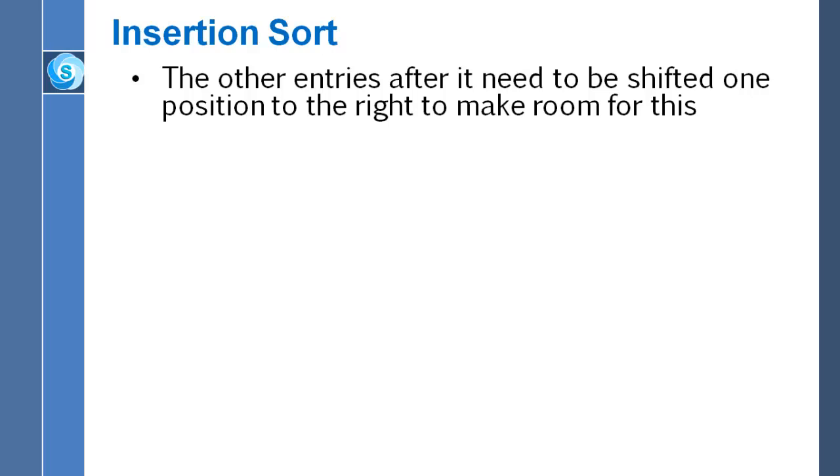And if we just copy the number from position I into the position that we've determined it belongs, if we're careless about this, we're going to lose that number. We're going to overwrite it, and we'll lose that data. So we have to instead be careful to take the number that's already in that position and shift it 1 unit right, 1 position to the right.